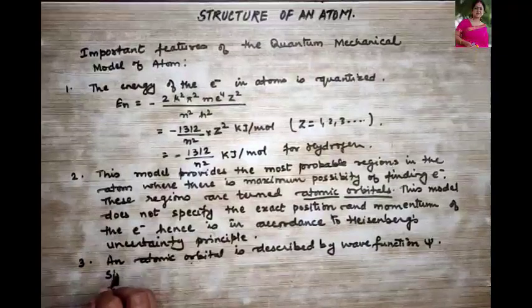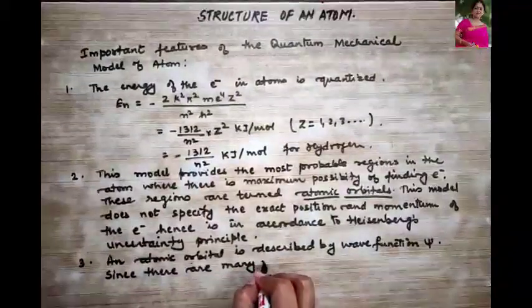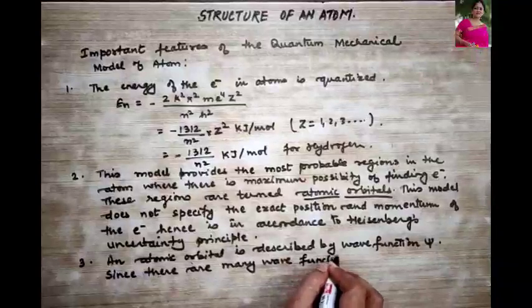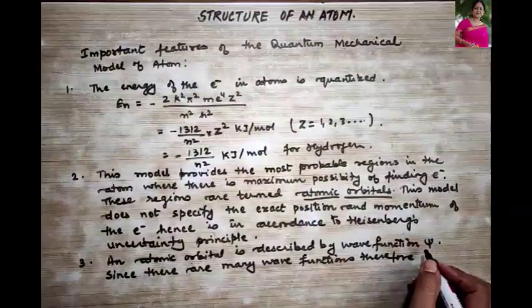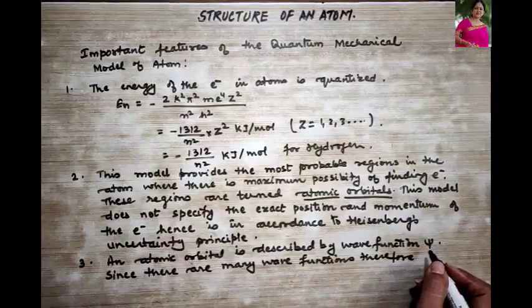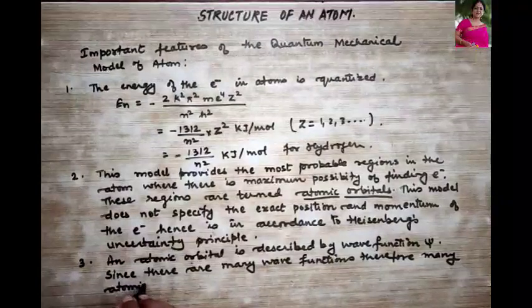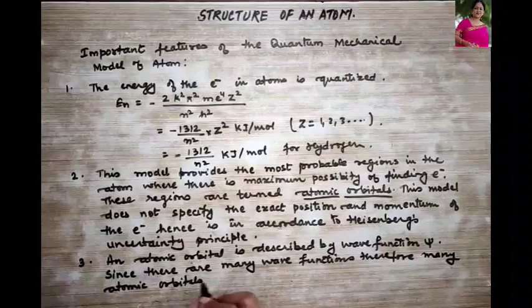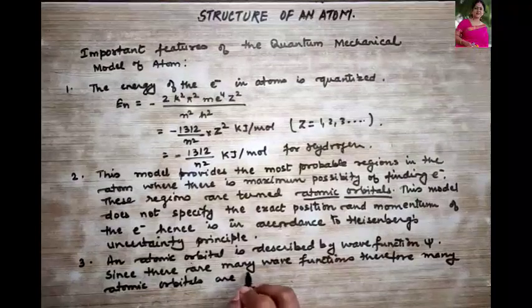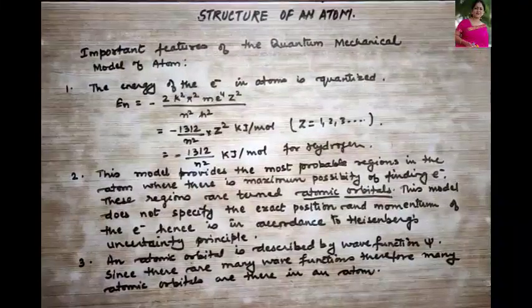So since there are many wave functions, therefore many atomic orbitals are also there in an atom. I hope this is clear.